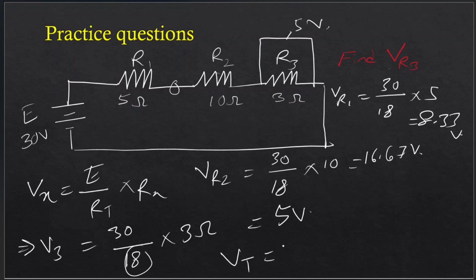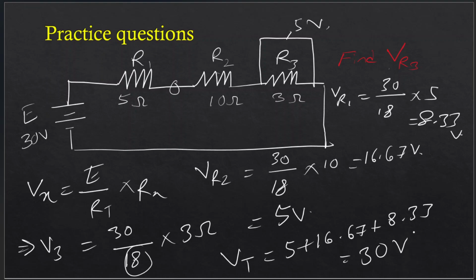Now let's see what total voltage we calculate. We calculated VR3 is equal to 5 volts, plus VR2 is equal to 16.67 volts, plus VR1 is equal to 8.33 volts. That's 5 plus 16.67 plus 8.33, which is 30 volts, exactly as our given electromotive force.